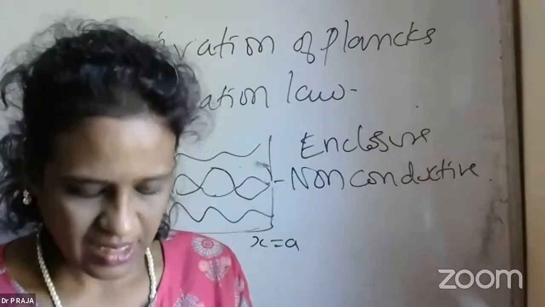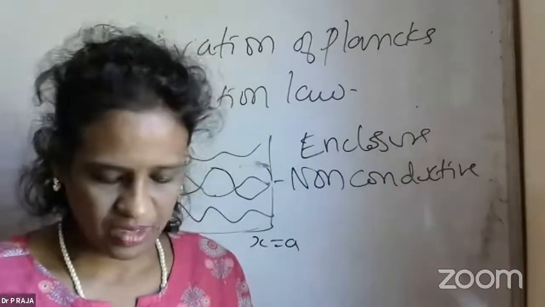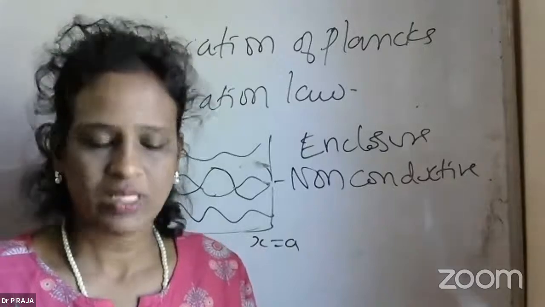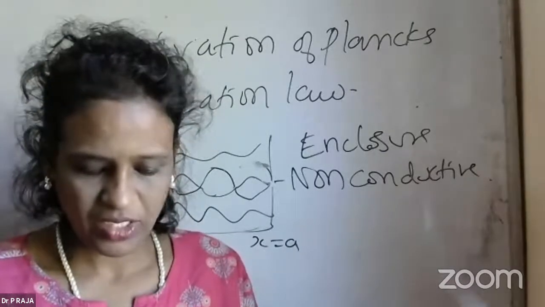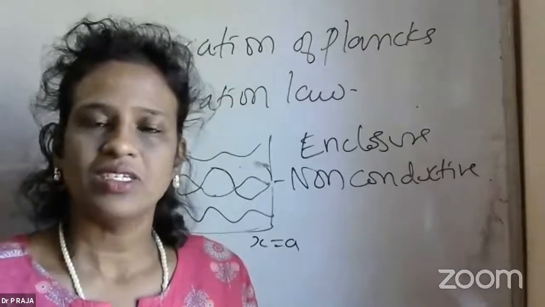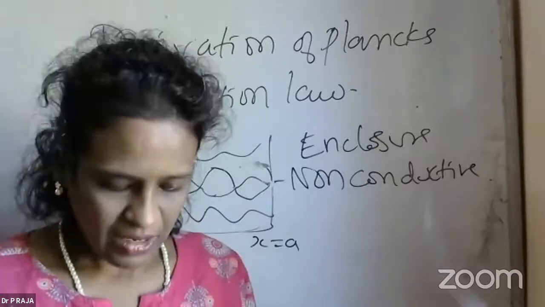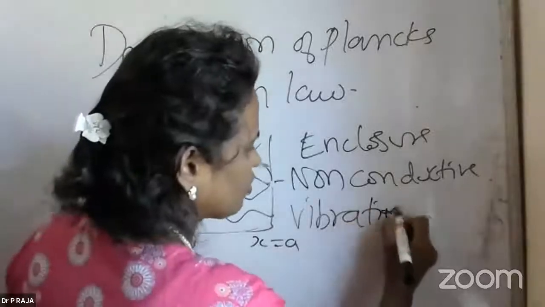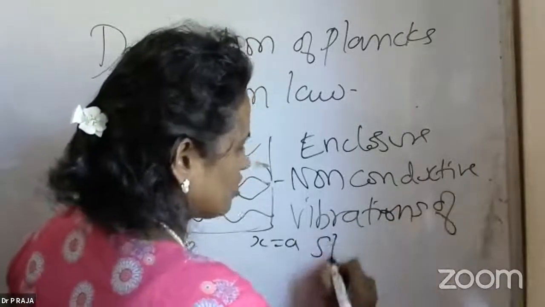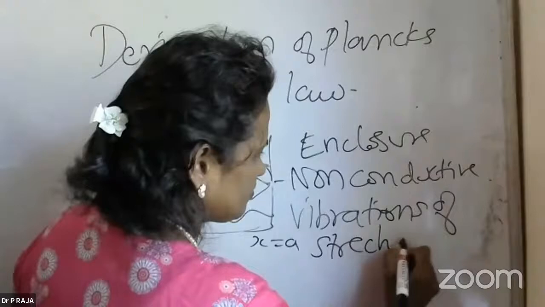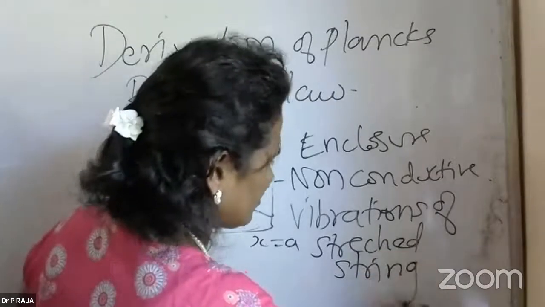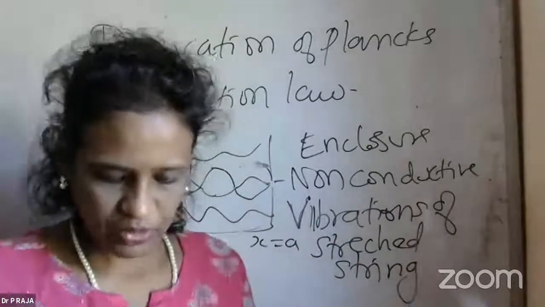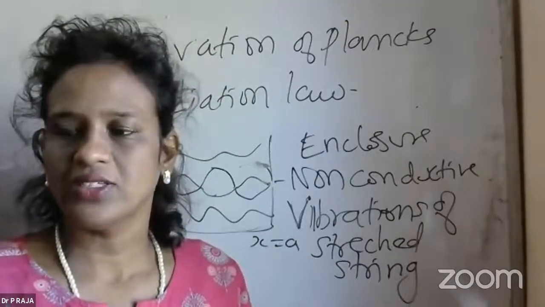It is a similar case as that of the vibration of a stretched string. In your class 12 you must have studied the conditions of interference regarding the vibrations of a stretched string. If you have doubt in this, please go through it.